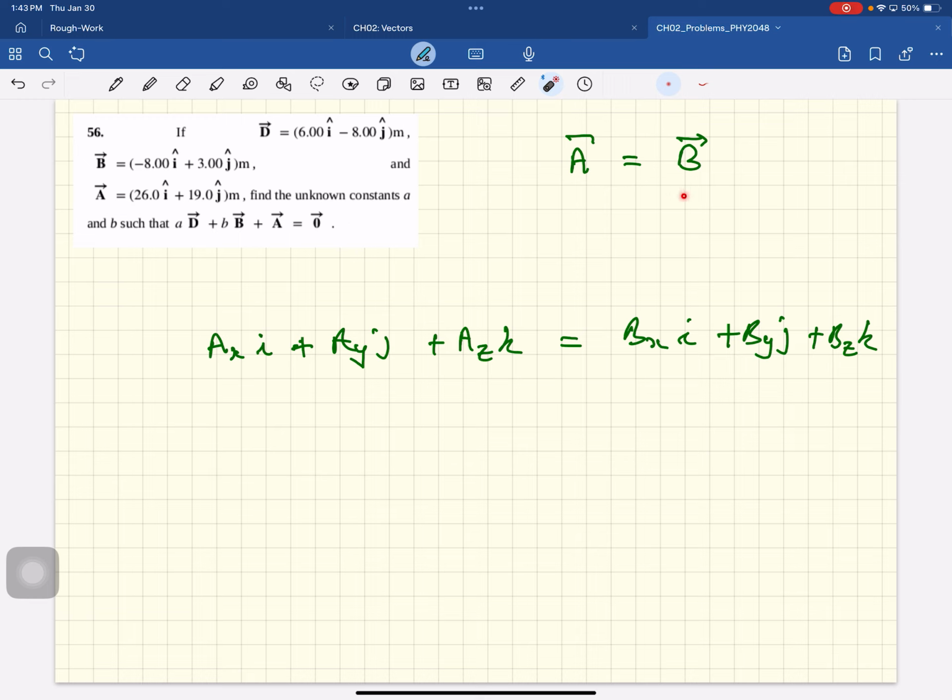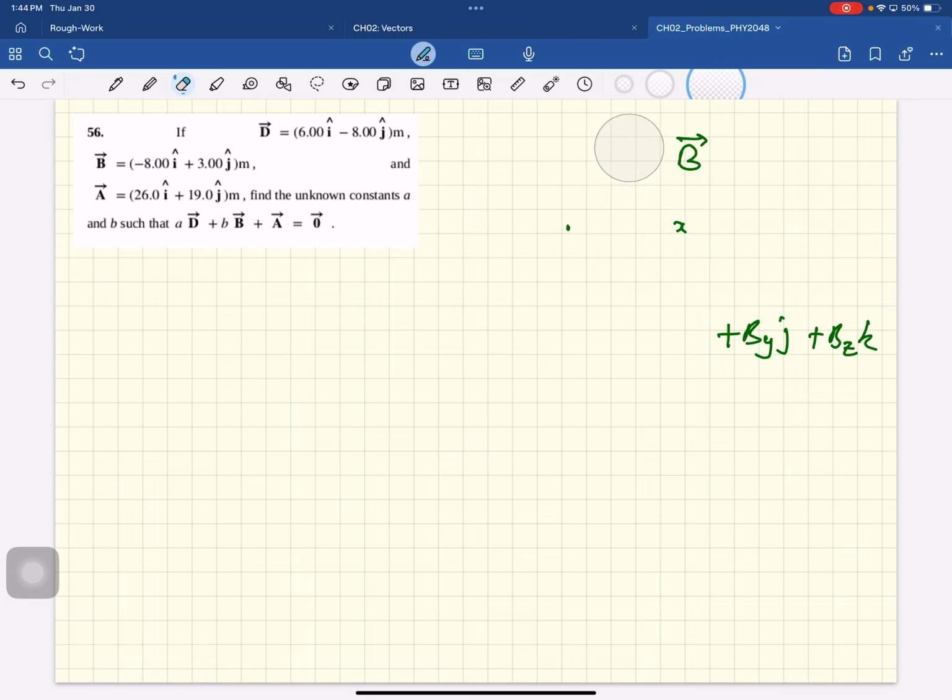So this is really, if this vector is in 3 dimensions, a shorthand for saying AX equal to BX, AY equal to BY, AZ equal to BZ. That's really 3 equations. So keep that in mind.